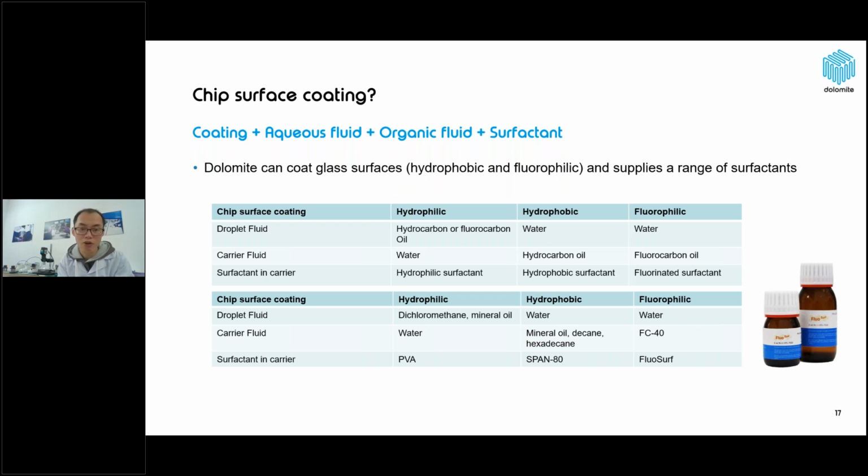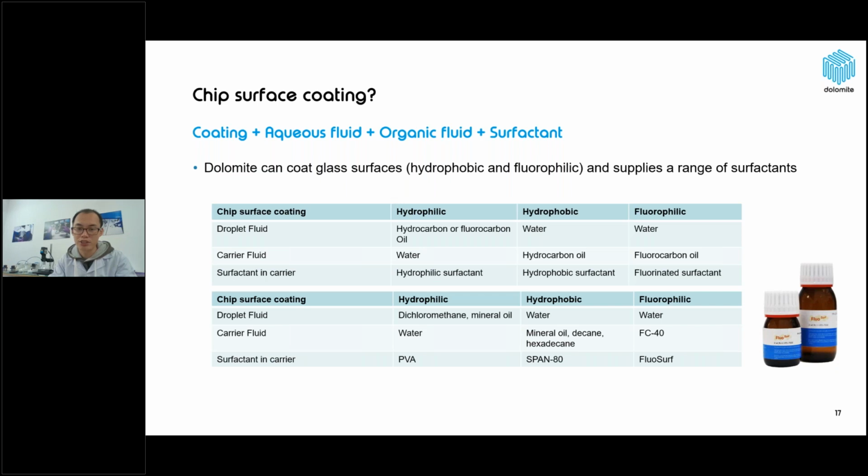With the hydrophobic chip surface coating, the droplet fluid should be the aqueous phase, water, and the carrier fluid is a hydrocarbon oil like mineral oil or decane or hexadecane. A hydrophobic surfactant could be used, for example Span 80.